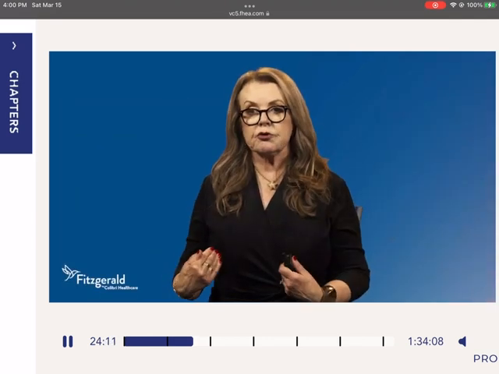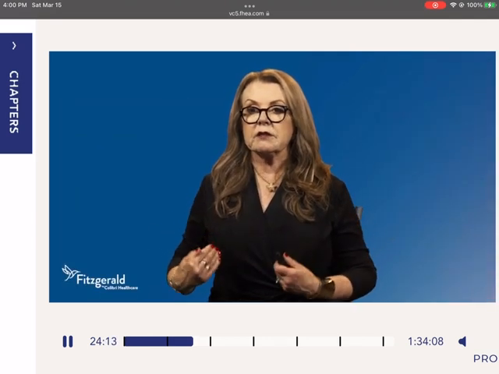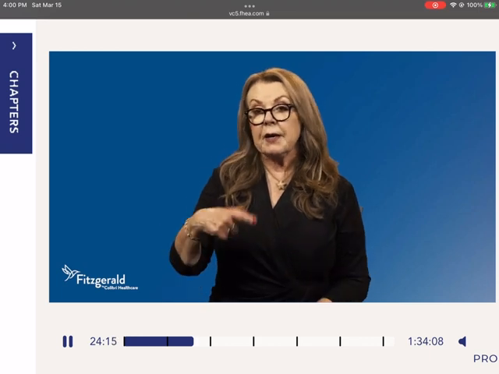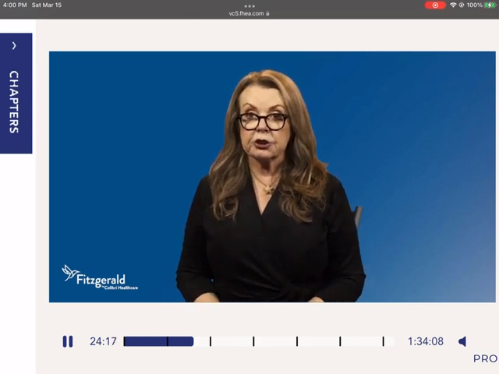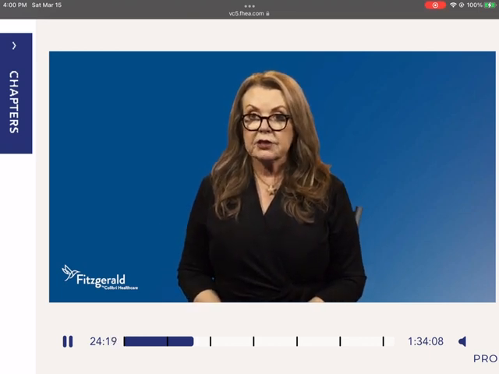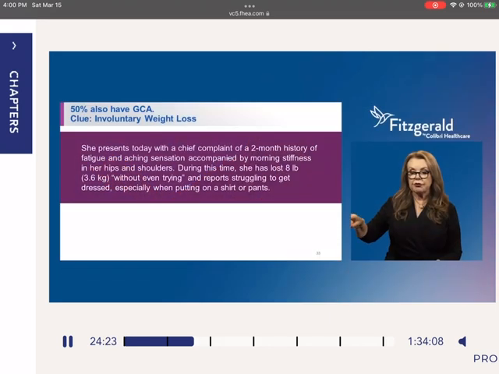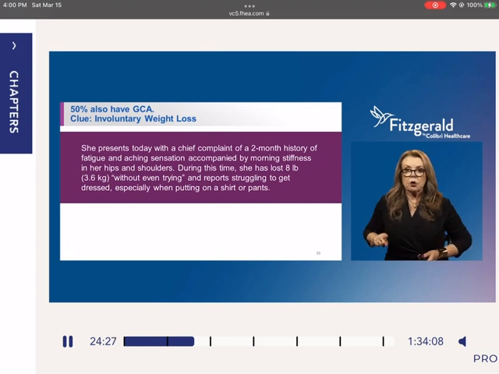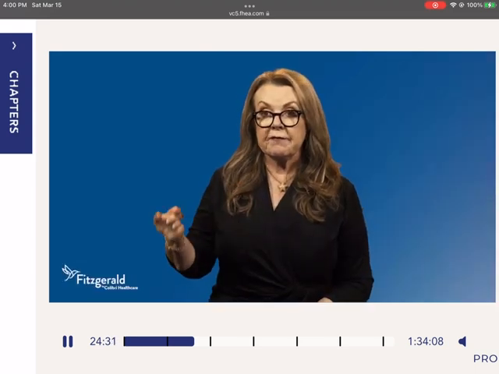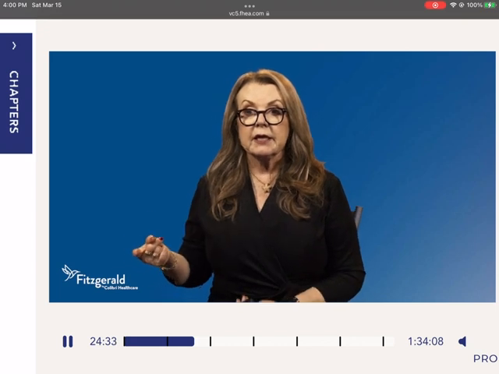Well, if your shoulders really hurt and they felt like they were stiff, I bet you'd have difficulty getting on a shirt or a pair of pants. Involuntary weight loss should automatically make you think this isn't just an older woman with some OA in her shoulders and hips. This is the orthopedic manifestation of a systemic condition.